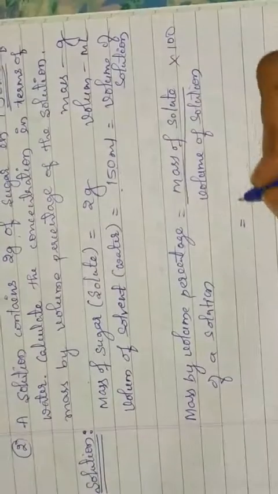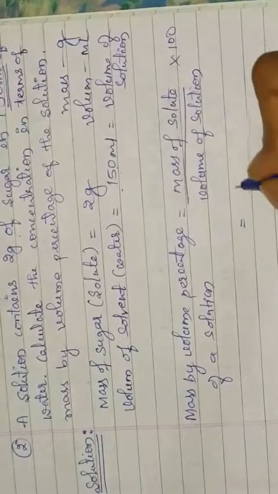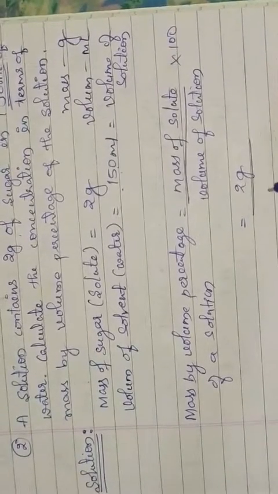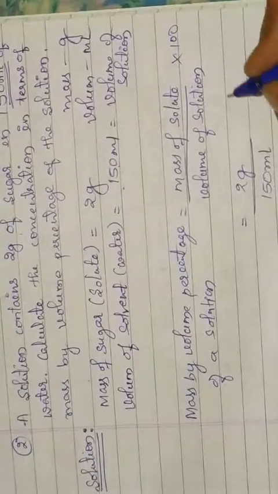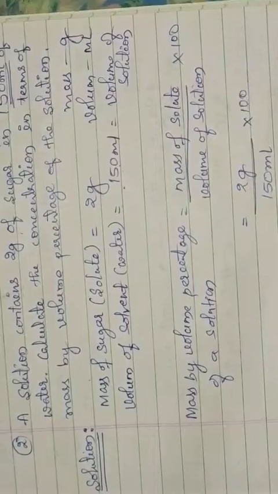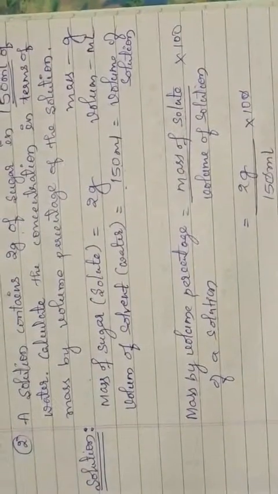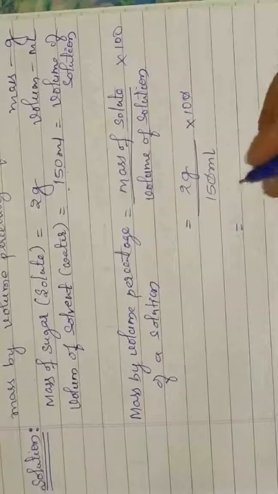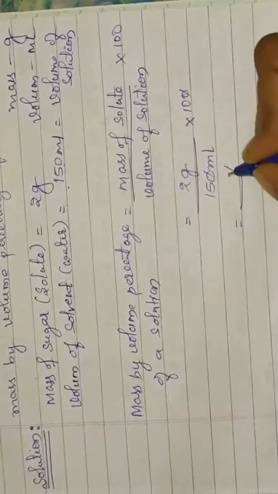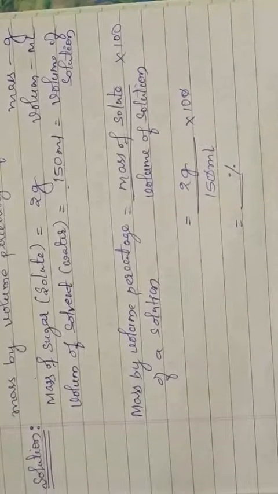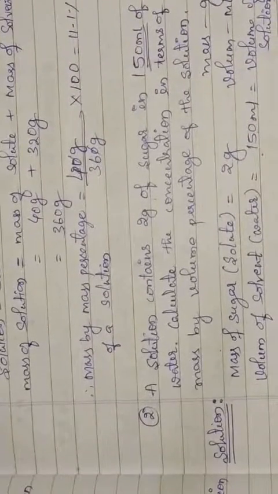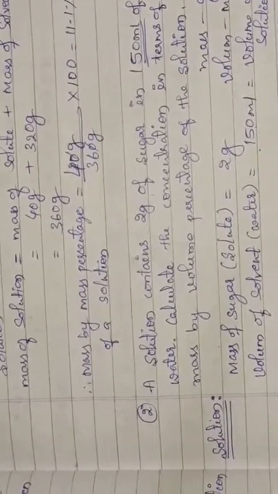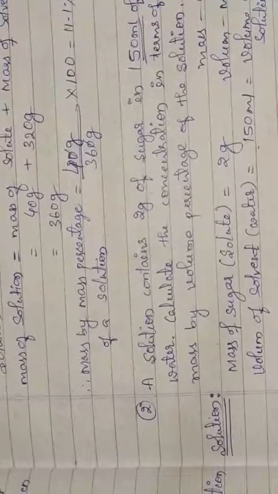The mass of solute is 2 grams, divided by 250 ml, the volume of solution, into 100. Simplify this and see how much you will get. It will be represented as a percentage. Calculate this one. Like this we have to express the concentration of solute in a solution. Children, in the next class we will see suspension and emulsion.